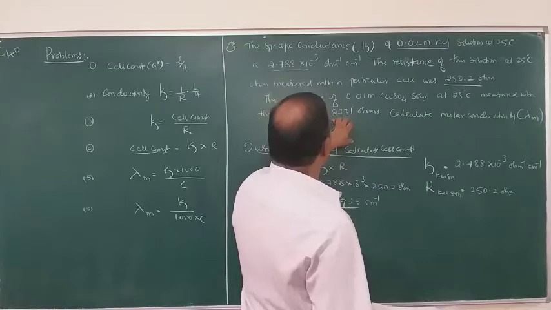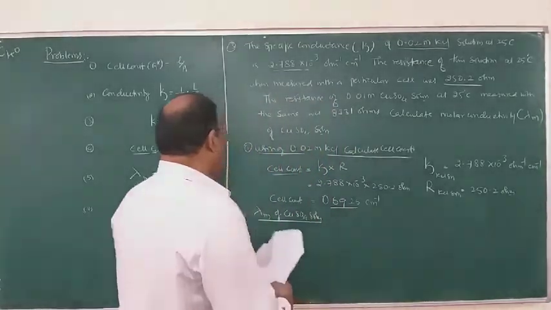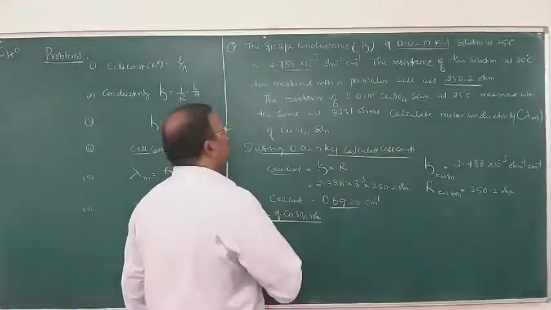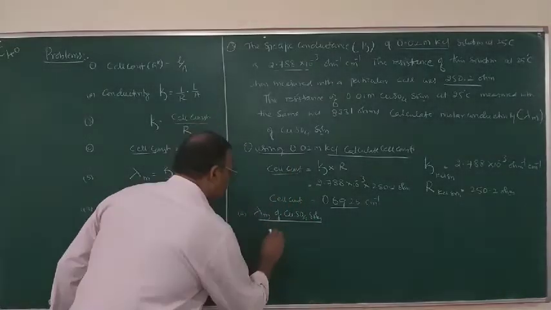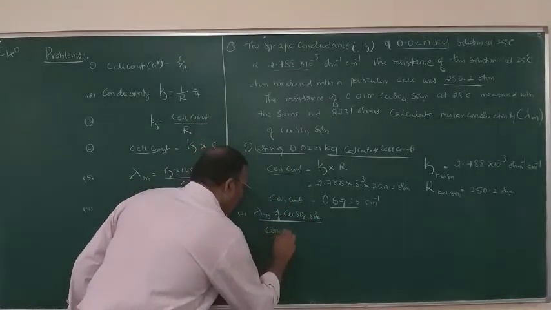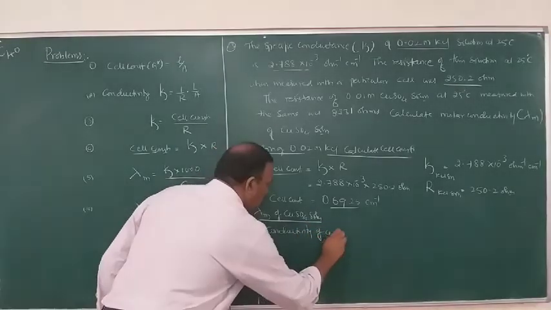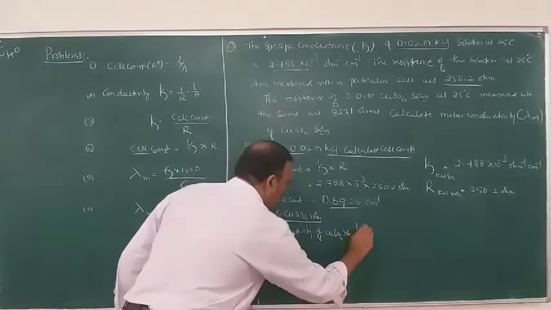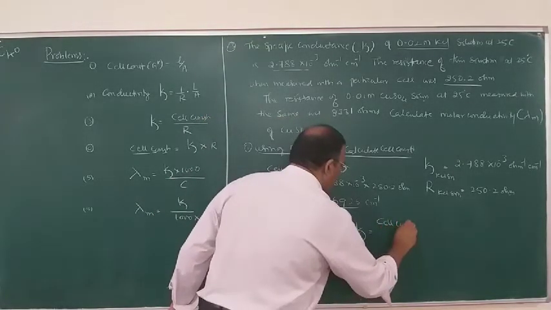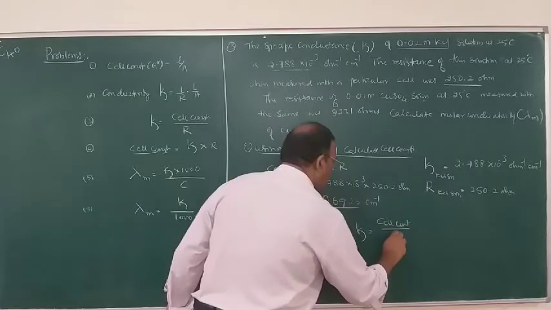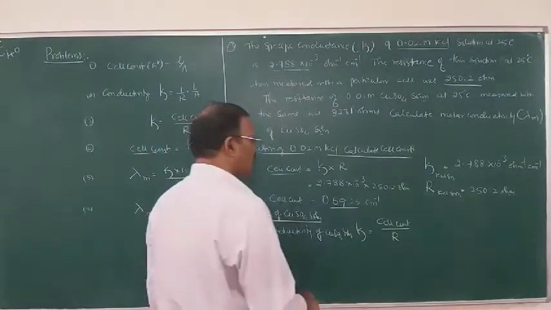We have to calculate specific conductance using the cell constant. So conductivity of CuSO4 solution, kappa, is equal to what? Cell constant divided by resistance.